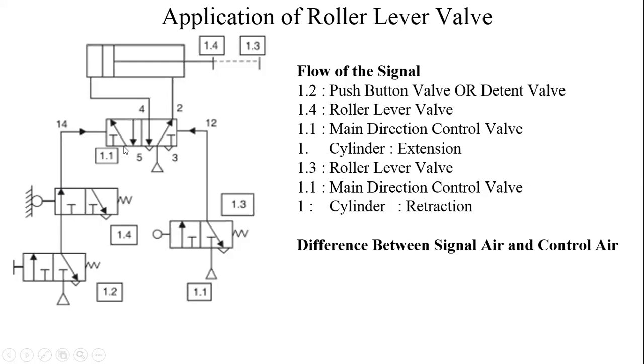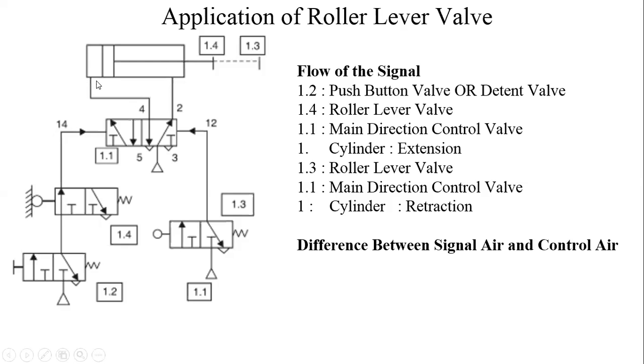Therefore signal air, now it is control air. Up to this it is signal air, which has actuated the left position of the main or final direction control valve. Now control air from here will be connected to this line.